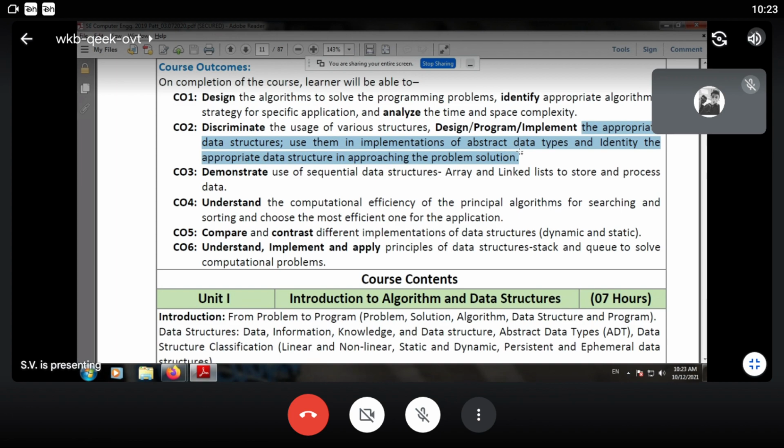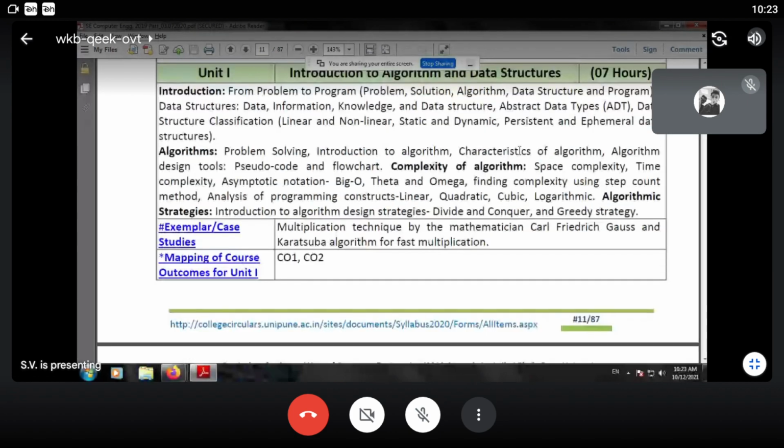Even the total time complexity can be achieved if you sum all the functions involved in the data structures. And identify the appropriate data structure in approaching the problem solution. So over here, if you are able to solve this first case study, then and only then will we declare that you are capable of achieving two objectives, that is course objective 1 and course objective 2.